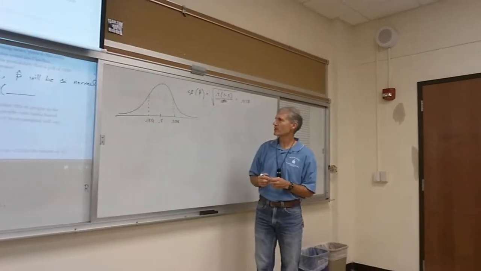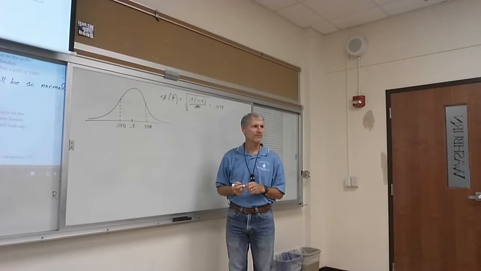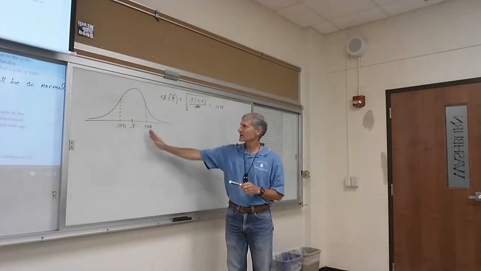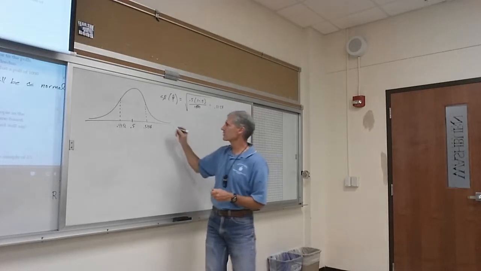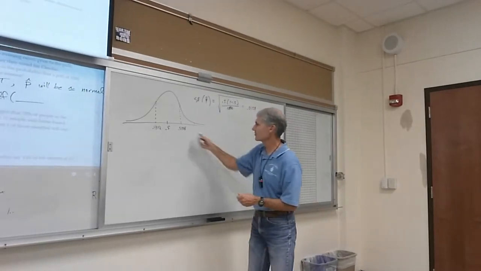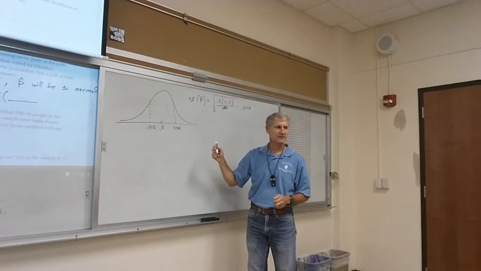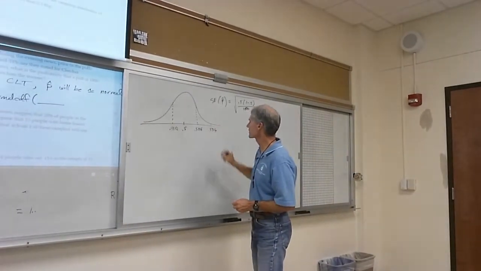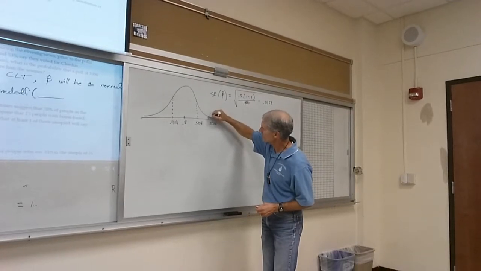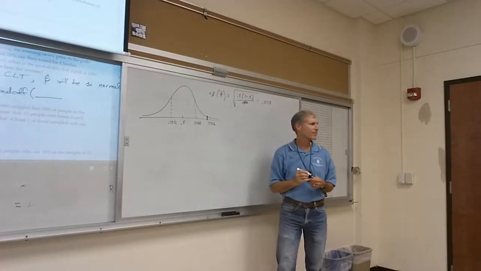So now where does my 0.53 go? Well, it's bigger than this number, so it's over here to the right. In fact, if I go 2 standard errors, what am I up to? 0.5316. So my 0.53 is just a little bit inside of that.